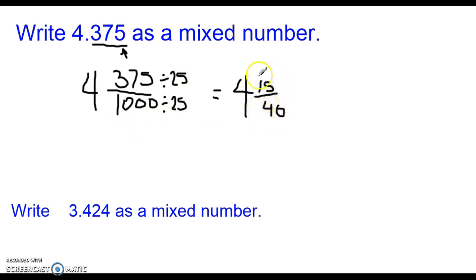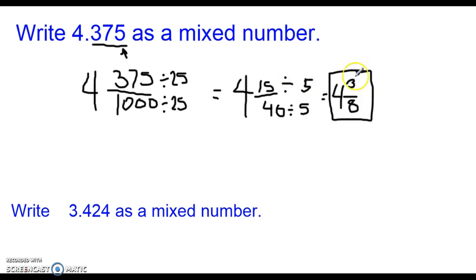Now both of these still have the factor 5, so I can divide out 5 from both my numerator and my denominator. I'm still going to have the whole number 4. And then 15 divided by 5 gives me 3, and 40 divided by 5 gives me 8. So my answer would be 4 3/8.